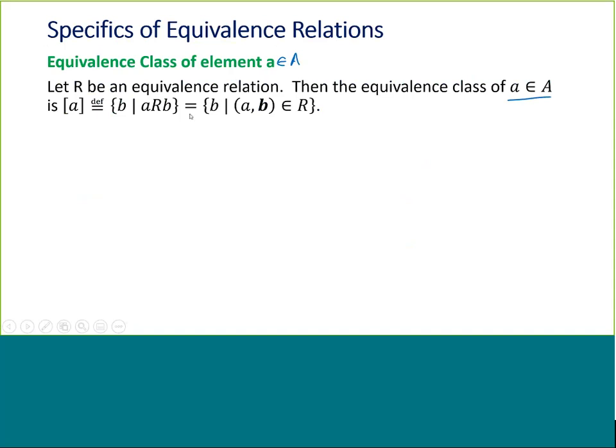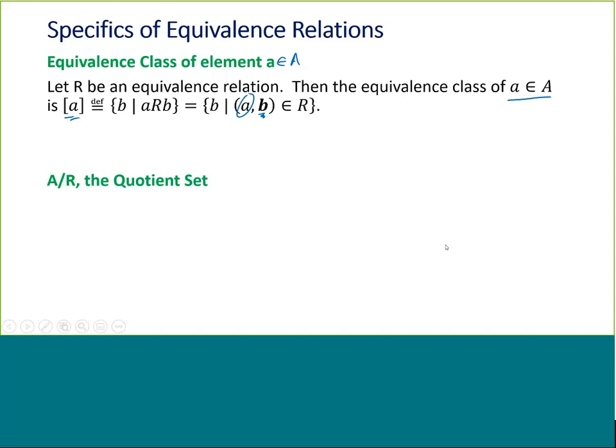So in terms of the ordered pairs, you're literally pulling all of the elements from A that are in the second position of an ordered pair, where your first position is whatever the element is that you're focused on. So that's the big thing that we're going to be building. Notice this is very similar to when we were talking about ranges back on day one when we were dealing with relations. And it turns out it is exactly the same thing. They're just called something slightly different for equivalence classes.